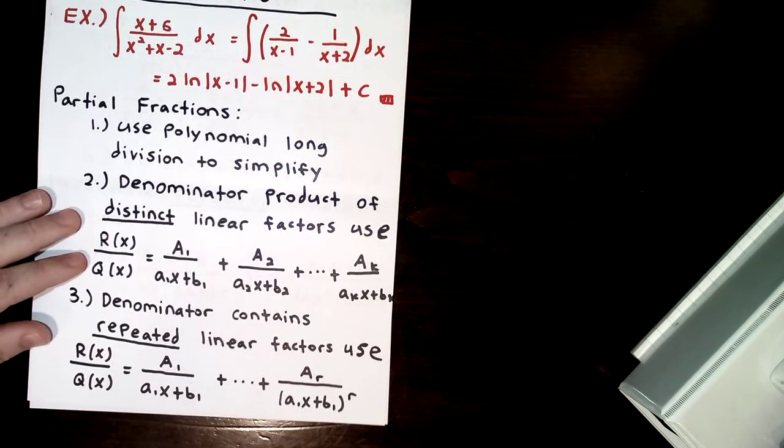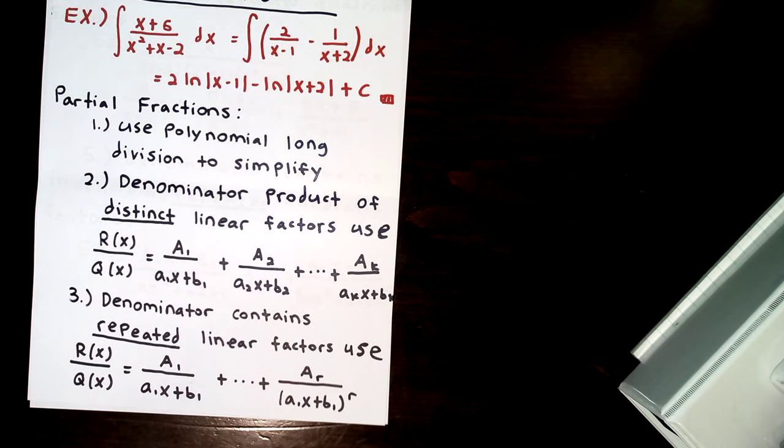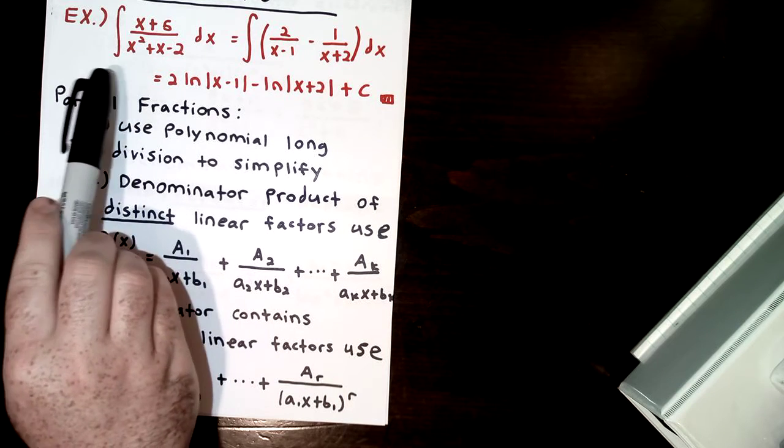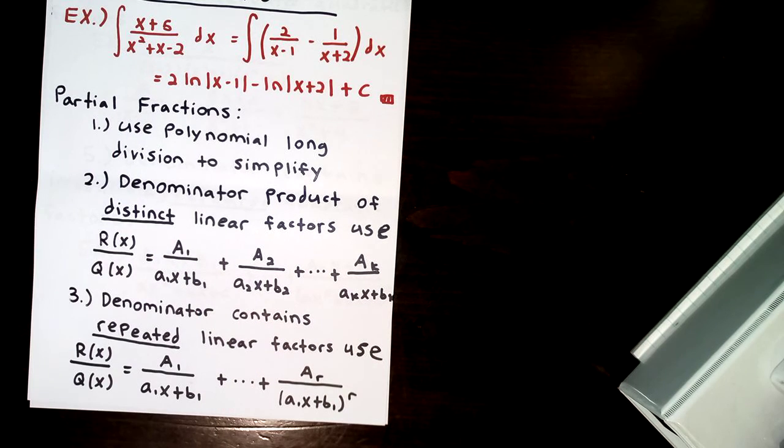Now our next case, suppose that the denominator contains repeated linear factors. So let's say it was like (x − 2)² as the denominator. Then let's say that it is (x − 2) to the rth power.